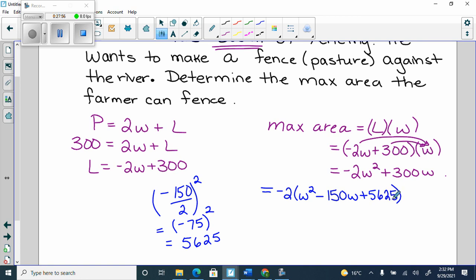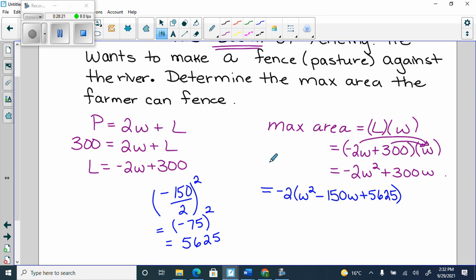Now, what did we do? We went 5,625, we multiplied it by negative 2, so we added negative 11,250.